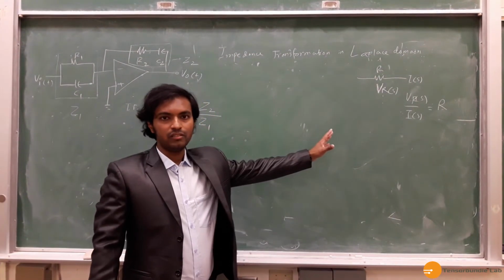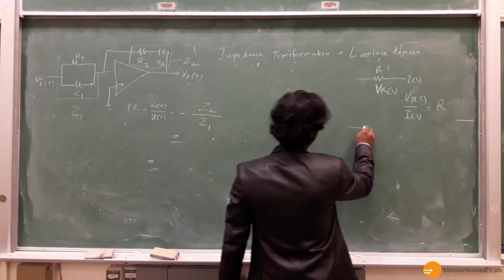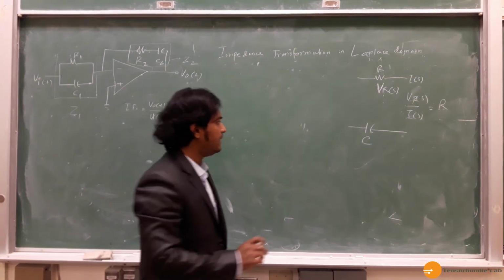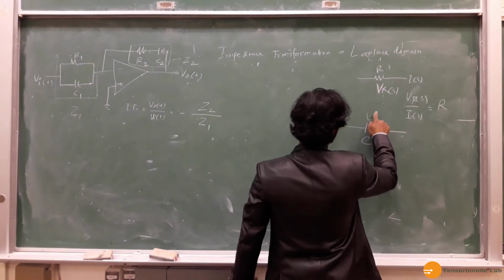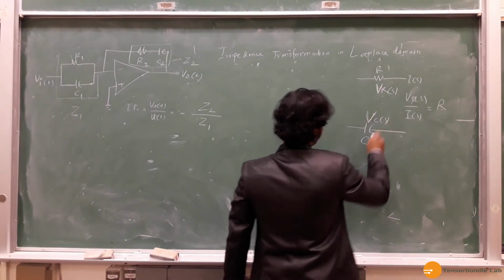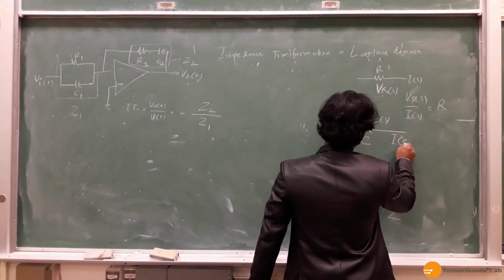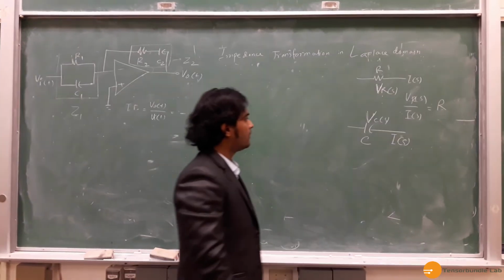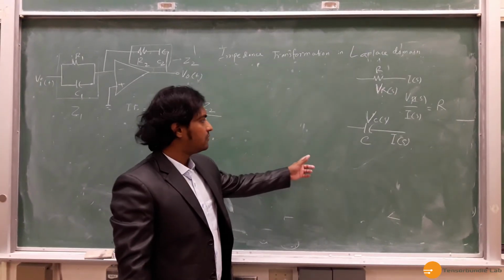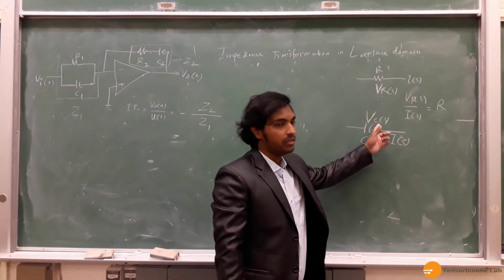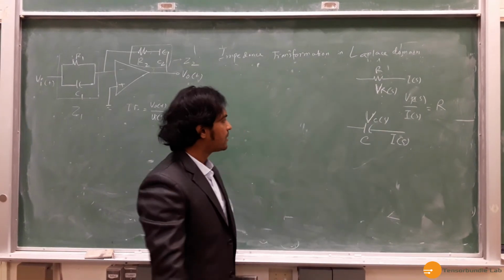So resistor is a very simple quantity. Now let's talk about the capacitor. The value of capacitor is C, having a voltage V of C, which is a function of the s variable, and obviously we have a current I of s. The impedance of the capacitor will also be the ratio between voltage and current, right?